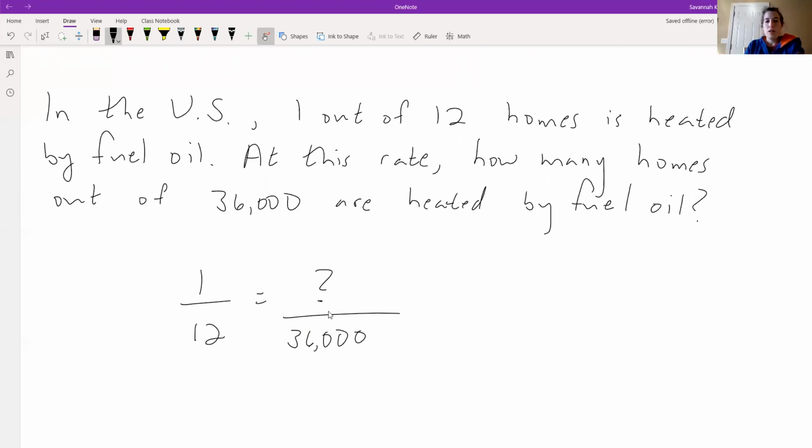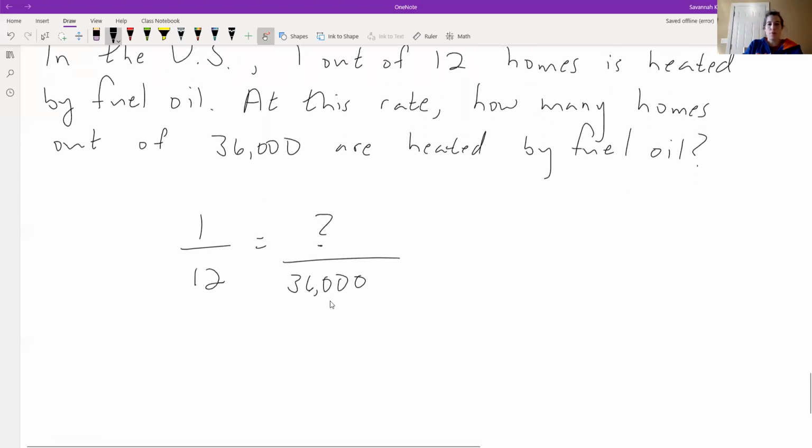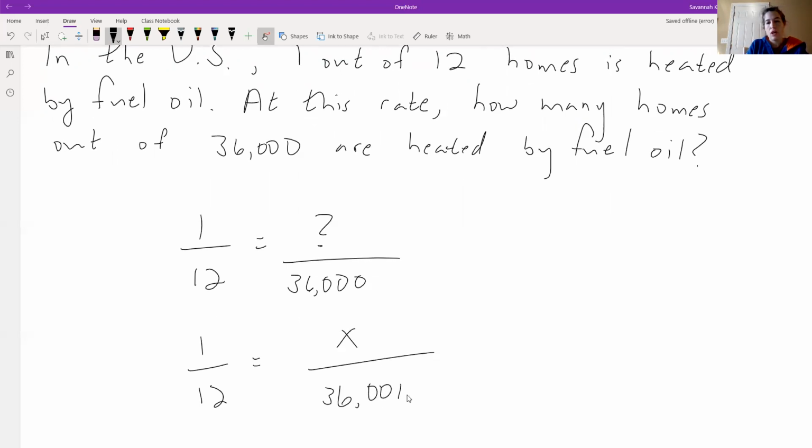There we go. And because this is algebra, the question mark is fine, but I usually use, and they do as well, X over 36,000. Okay, now this is probably the first time we've had to solve a proportion.